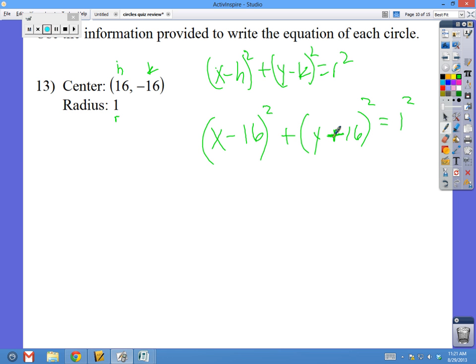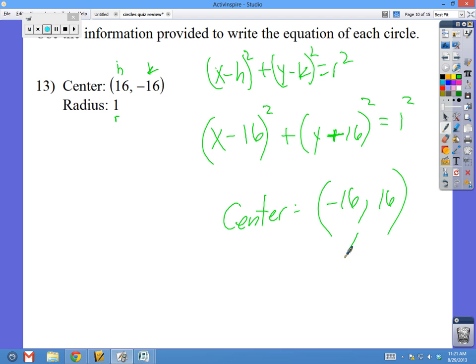So look at the equation. If I ask you to give me the center from the equation, why is the center not negative 16, positive 16?